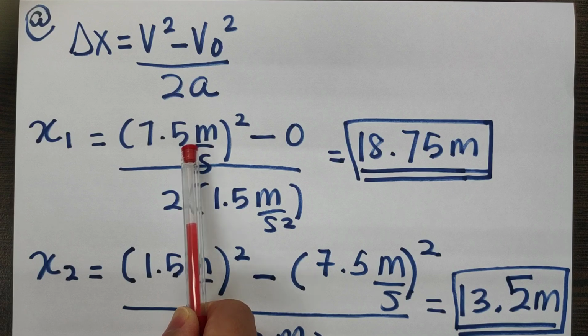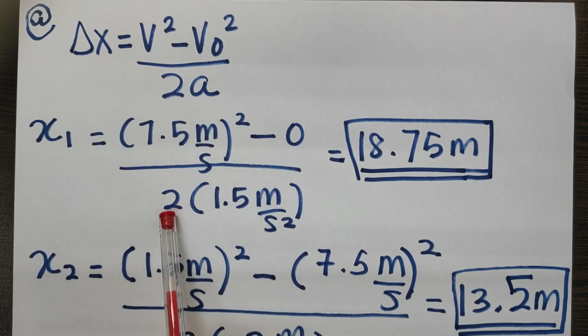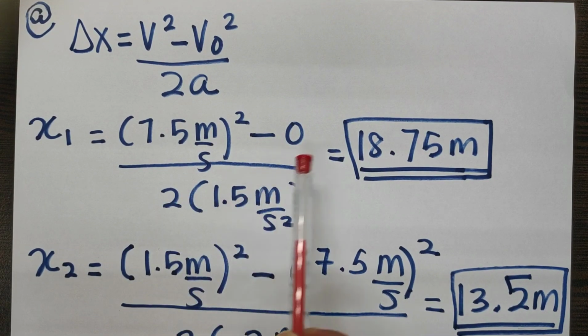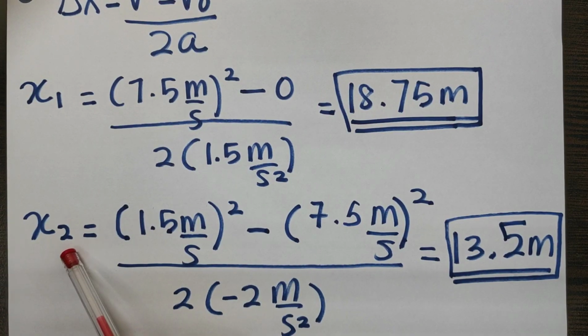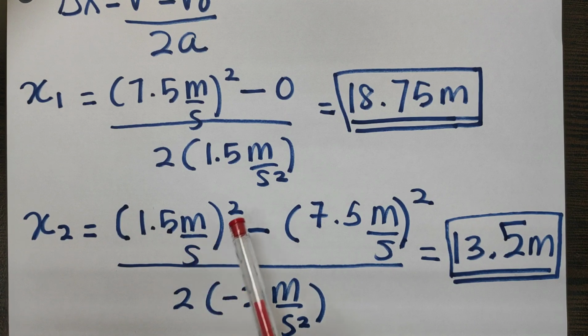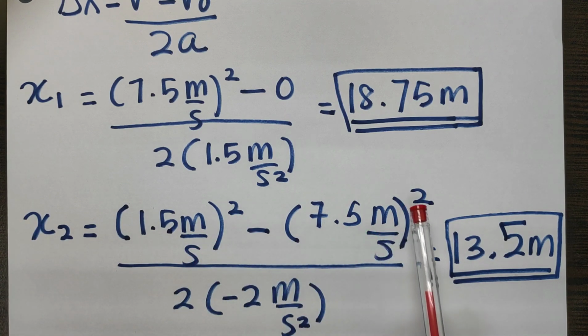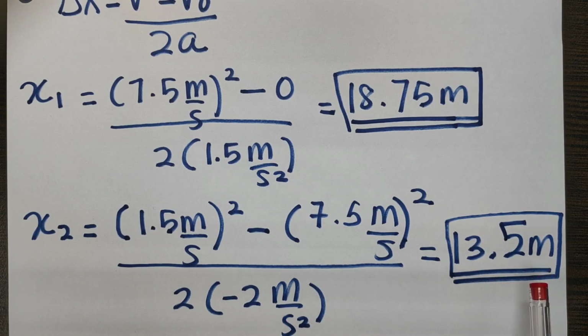V final squared minus v initial squared over 2 multiplied by acceleration, and you get 18.75 meter. For part 2, x2 is equal to 1.5 meter per second squared minus 7.5 meter per second squared divided by 2 times negative 2 meter per second squared, and get 13.5 meter. It is exactly the same as if you choose equation number 3.